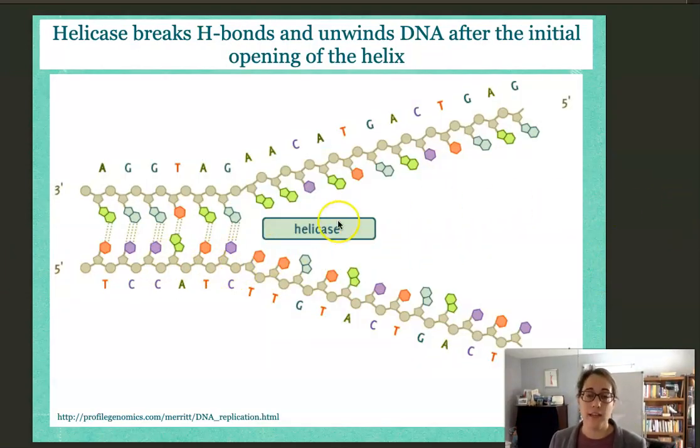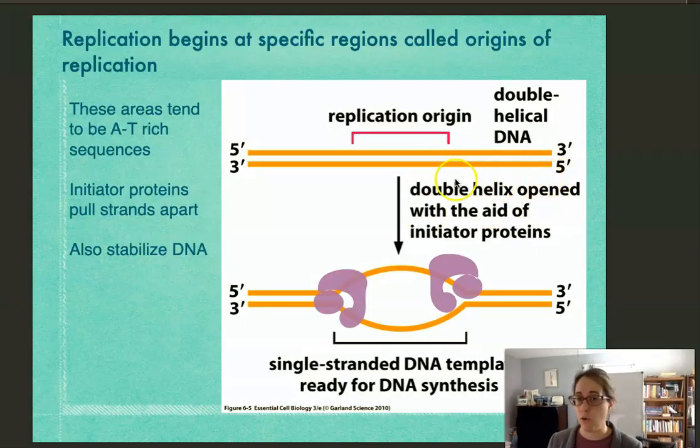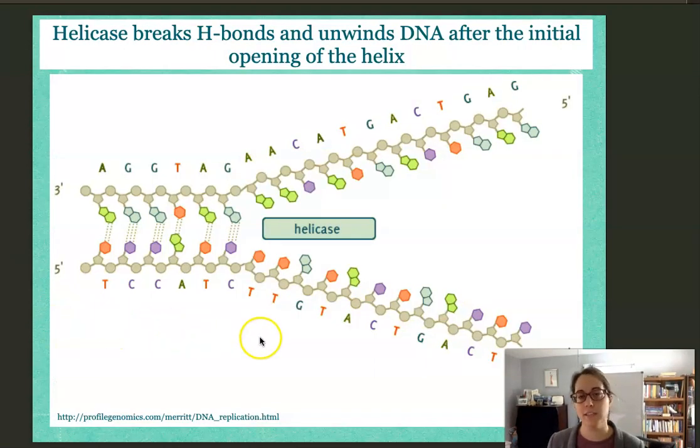Then, the enzyme that a lot of people are familiar with is helicase. So helicase does not do the initial opening at the replication origin, but helicase does do the subsequent breaking of hydrogen bonds. So again, remember, helicase does not break covalent bonds.